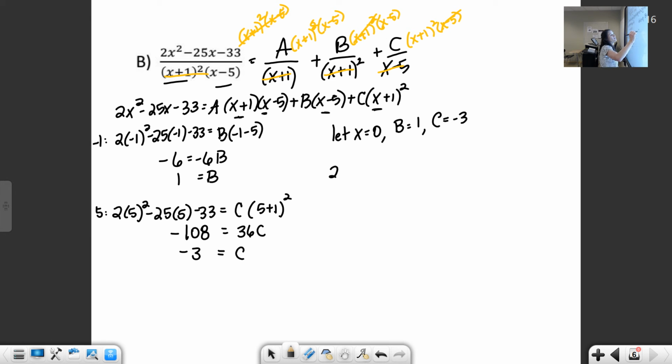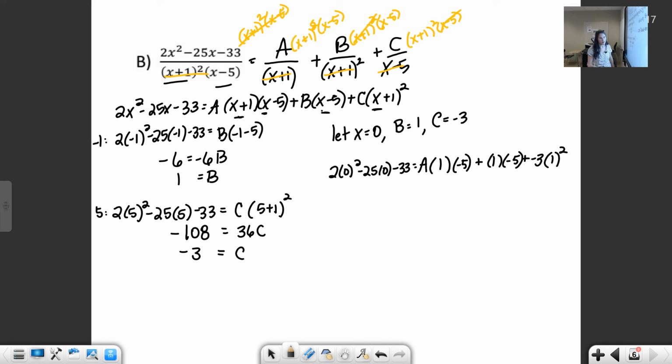So if I let x be 0, I get a times 1 and negative 5. I'm letting b be what I found, which was 1, times x is 0 in that parenthesis, so negative 5, plus c is negative 3 times, I'm letting x be 0, so 1 squared.